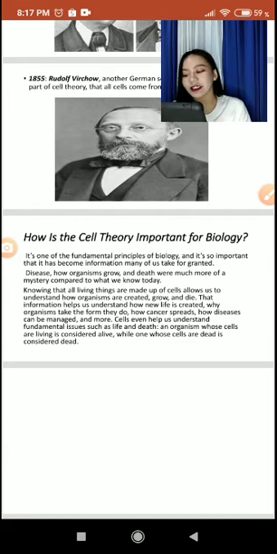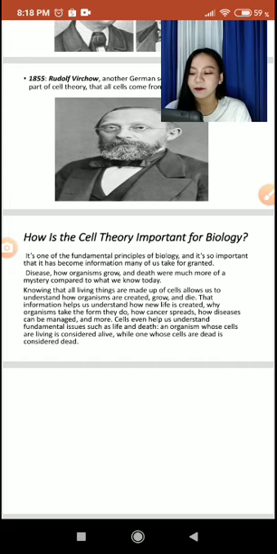Many believed in spontaneous generation, the idea that living organisms can arise from non-living matter. An example of this would be a piece of rotten meat creating flies, because flies often appear around rotten meat.